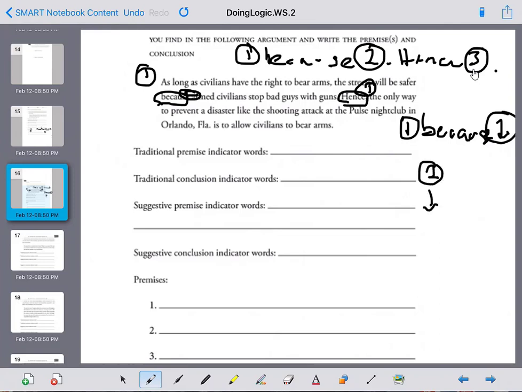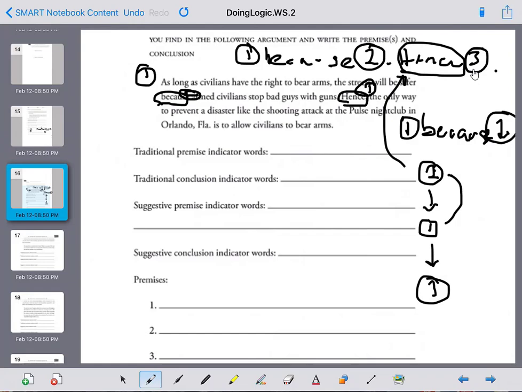So what you really have is an argument where number 2 is acting as a premise for number 1. And then number 1 is not only a conclusion to 2, but it also acts as a premise for number 3. So in this case, 1 and 2 are technically both premises, even though one of them is acting as a sub-conclusion to another, okay?